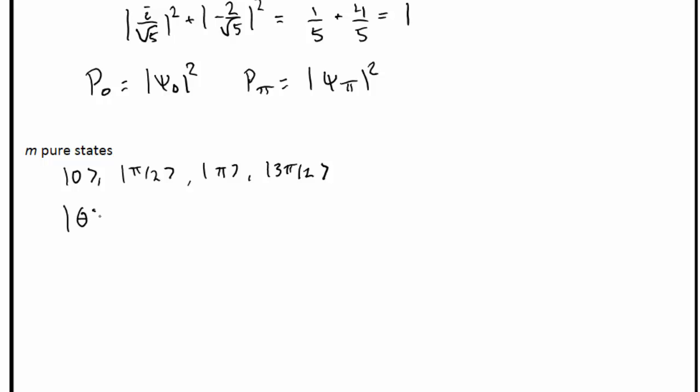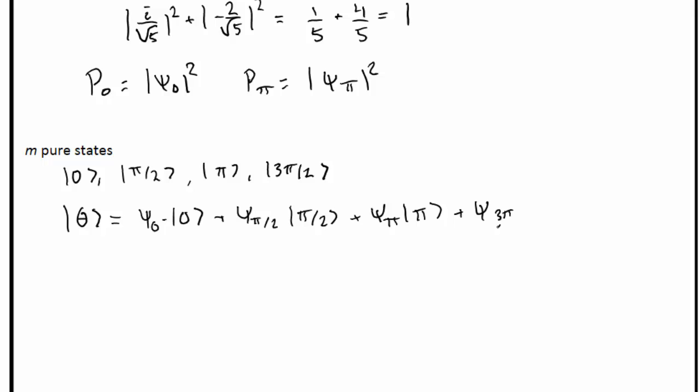An arbitrary state, theta, will then be a linear combination of these four pure states. So we can write that as phi 0, a complex number, times 0, plus phi pi half, pi half, plus phi pi, pi, plus phi 3 pi half, 3 pi half.